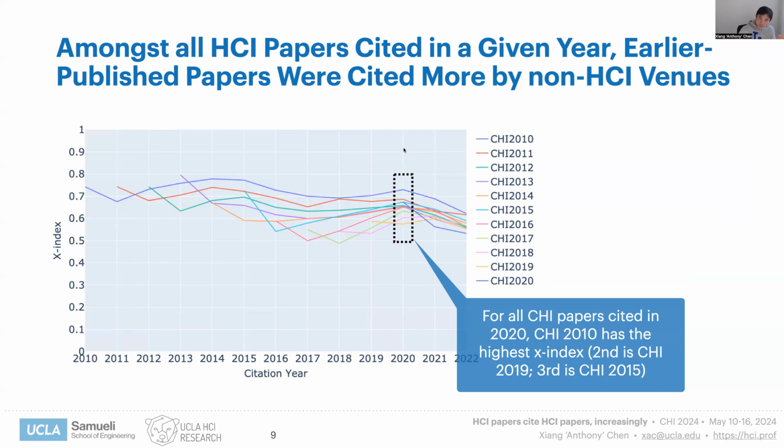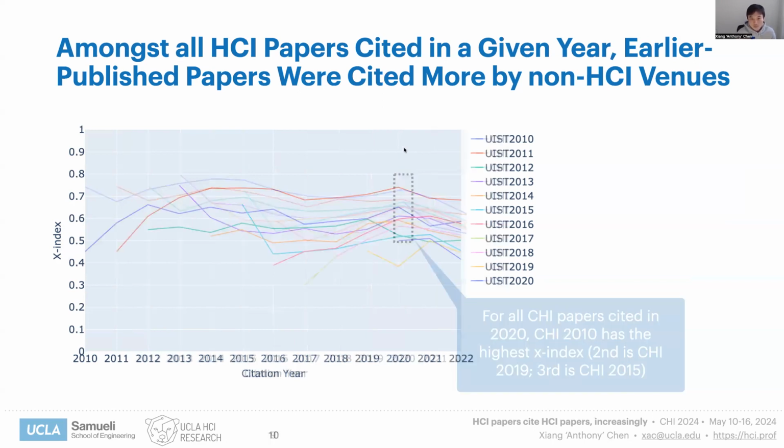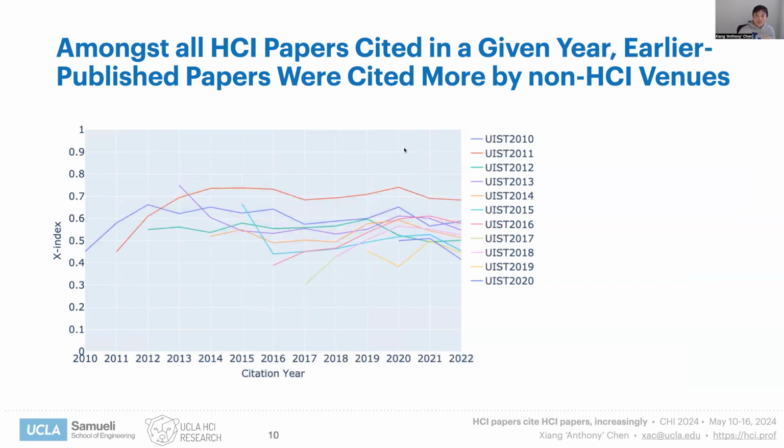The earliest published papers were cited more by non-HCI venues in this particular year. If we look at other venues, UIST and CSCW, we can see similar trends.